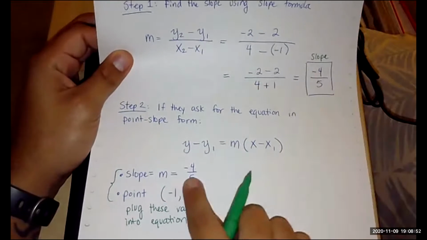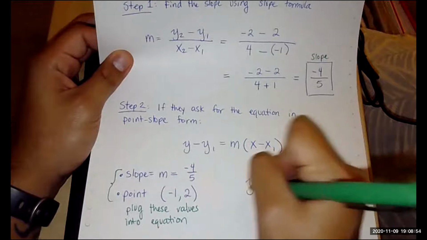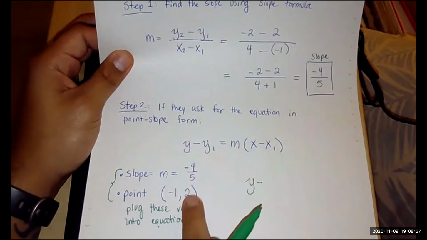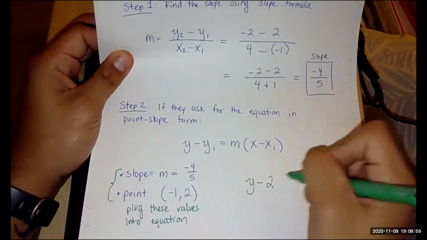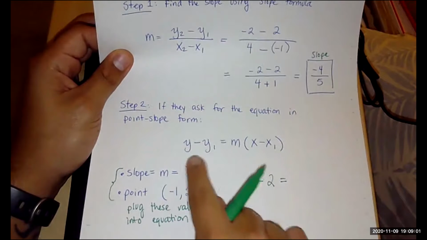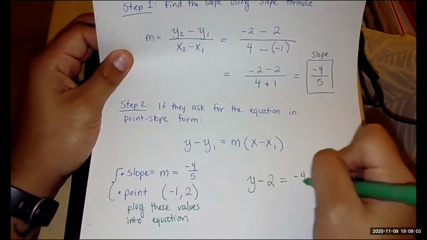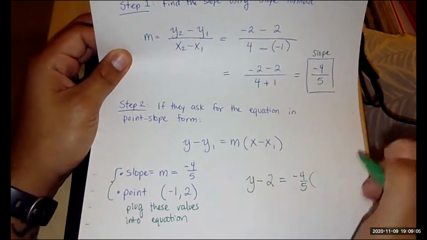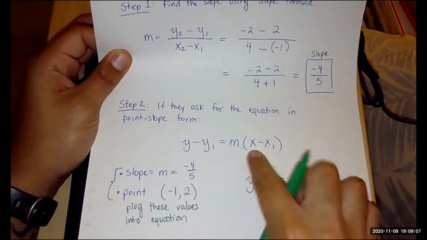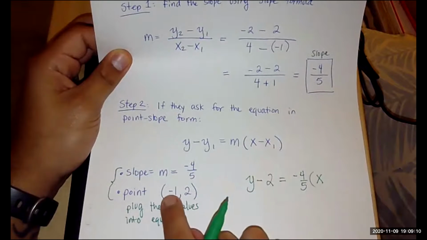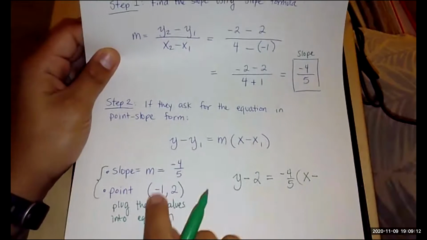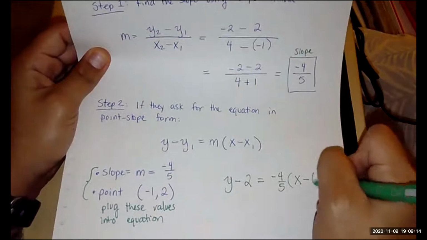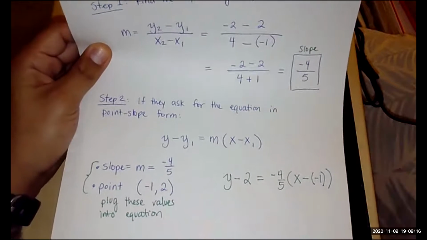So that means I'm just going to leave this as y minus, and then y1 is going to be 2, is equal to my slope, which is -4/5 times x will stay the same, minus x1, and it'll be minus, and this is -1, so we have to put -1 in parentheses.